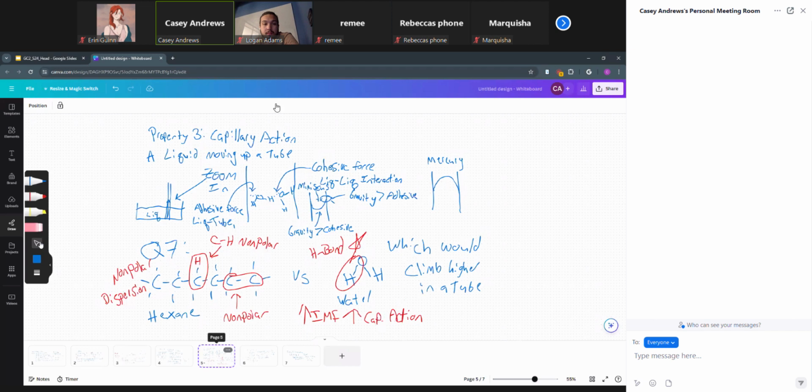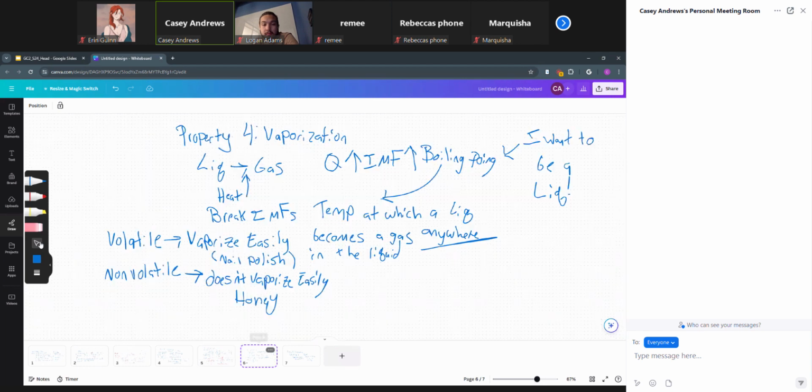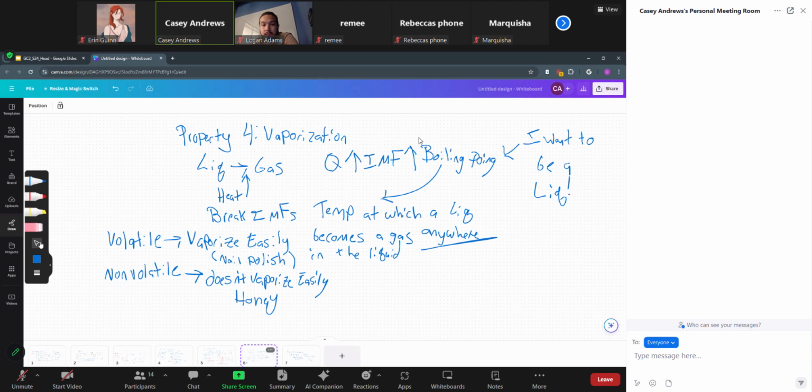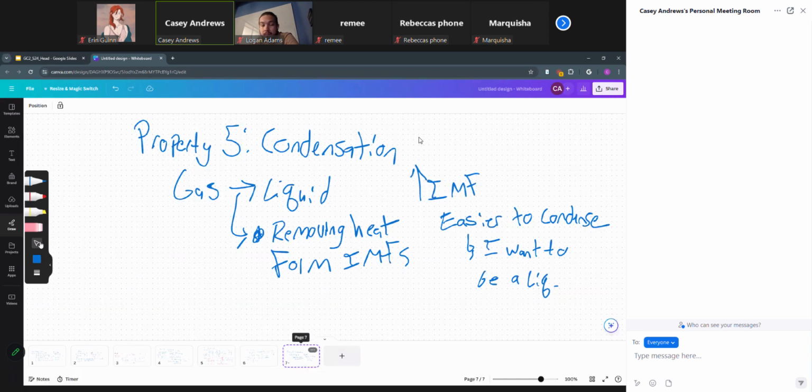Capillary action, higher intermolecular forces, the higher the capillary action, the stronger the adhesive forces. Vaporization, the higher the intermolecular forces, the higher the boiling point, harder to vaporize. Condensation, saying the same thing, the higher the intermolecular forces, the easier you are to condense. Questions about that?